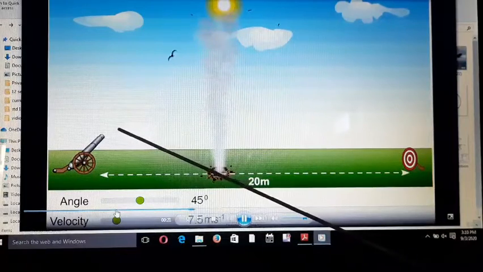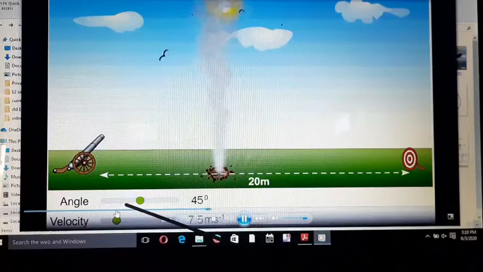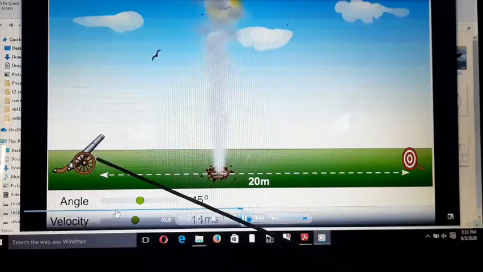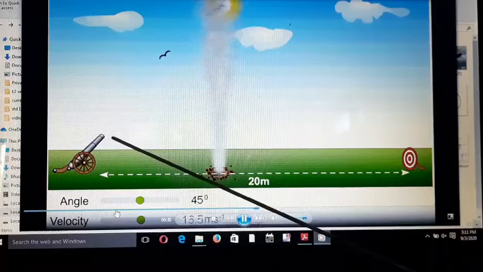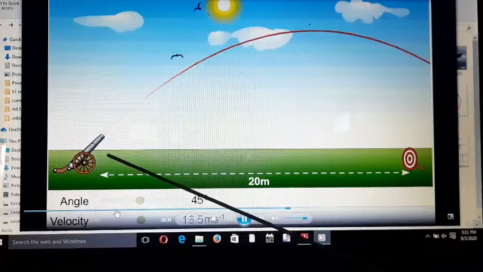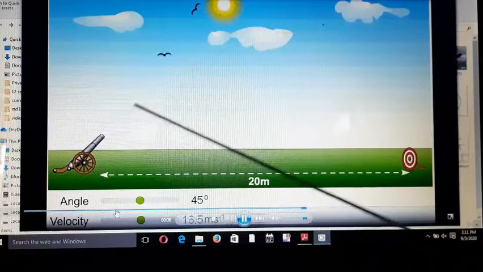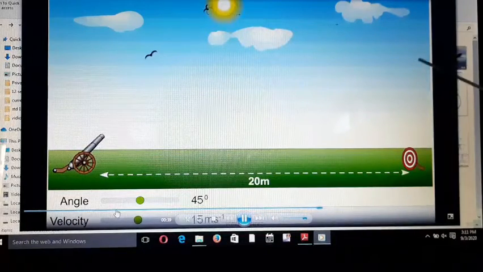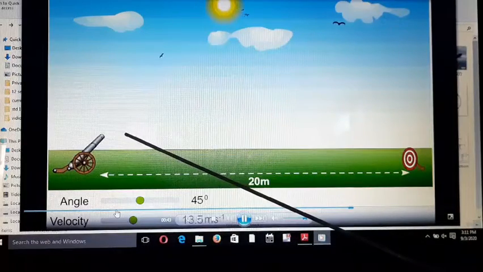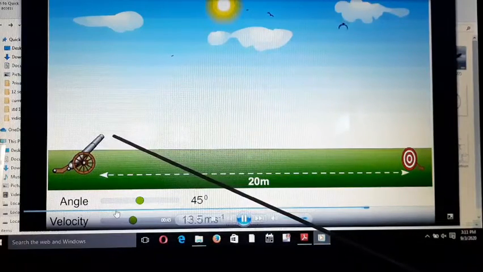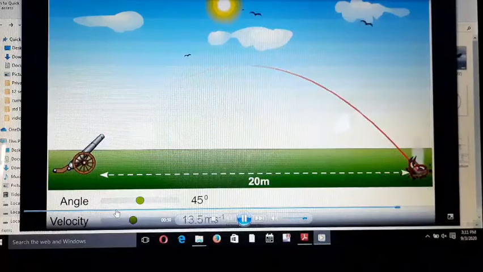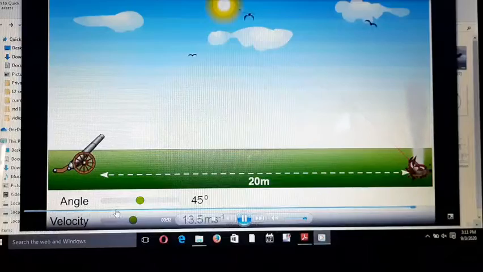Suppose now we change its velocity and angle, so its range also changes. Suppose we increase its velocity, then its range is large, but if its velocity is decreased, its range is also decreased. So this type of motion is called projectile motion.